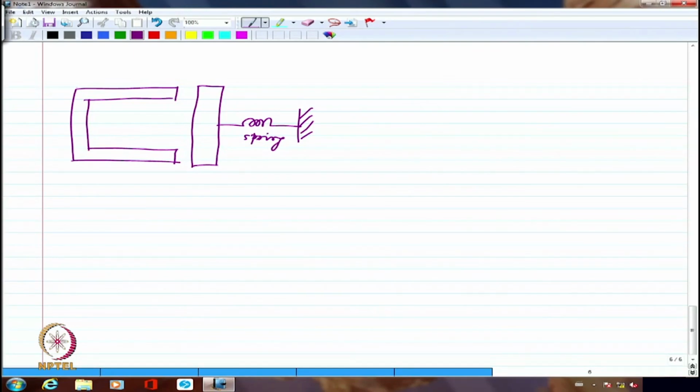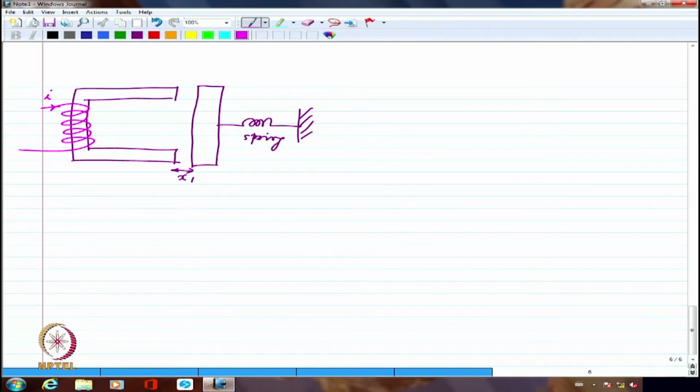Let's say this distance is x1. Now I am going to pass a current I here, because of which some movement takes place, but the spring is still holding it pretty tightly.